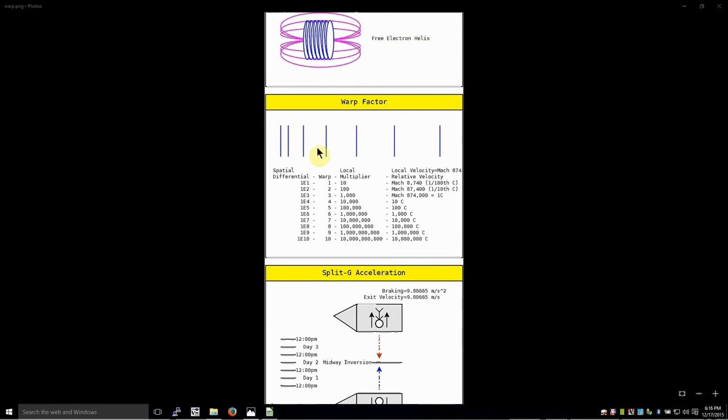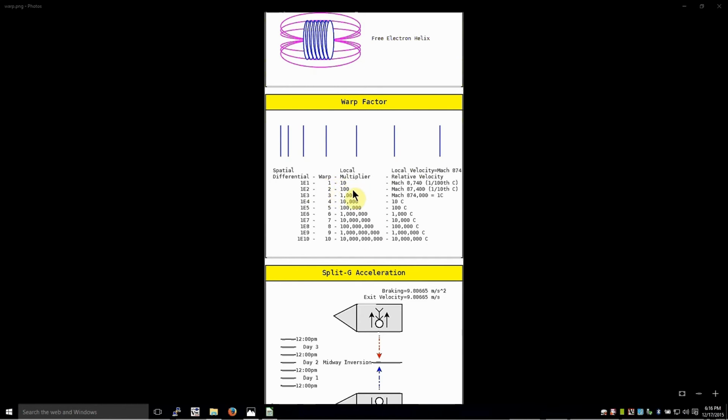Alright, now on to the warp factor. This is where I am going to tick off a lot of the Trekkies. Instead of having warp be a specific speed, I'm having it be a multiplier in reference to your spatial differentials. So in this case, warp 1 gives you a 10 to 1 ratio.